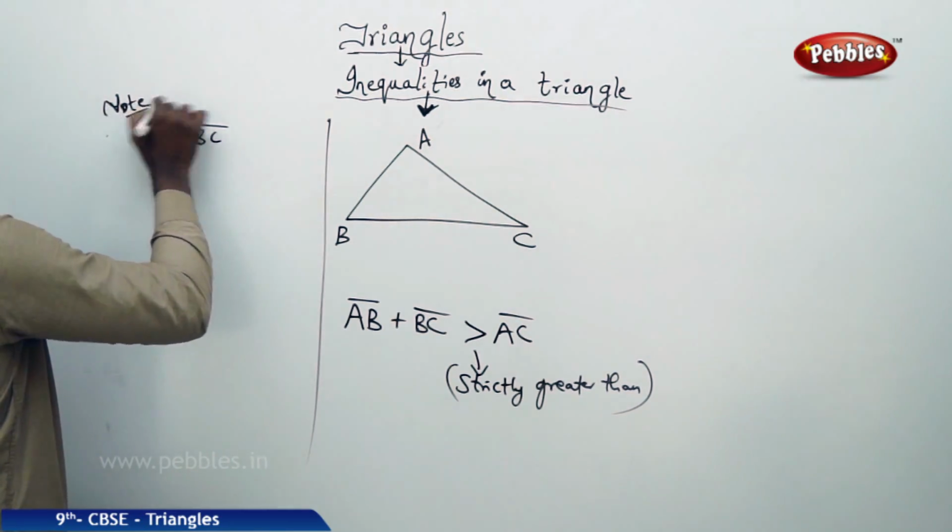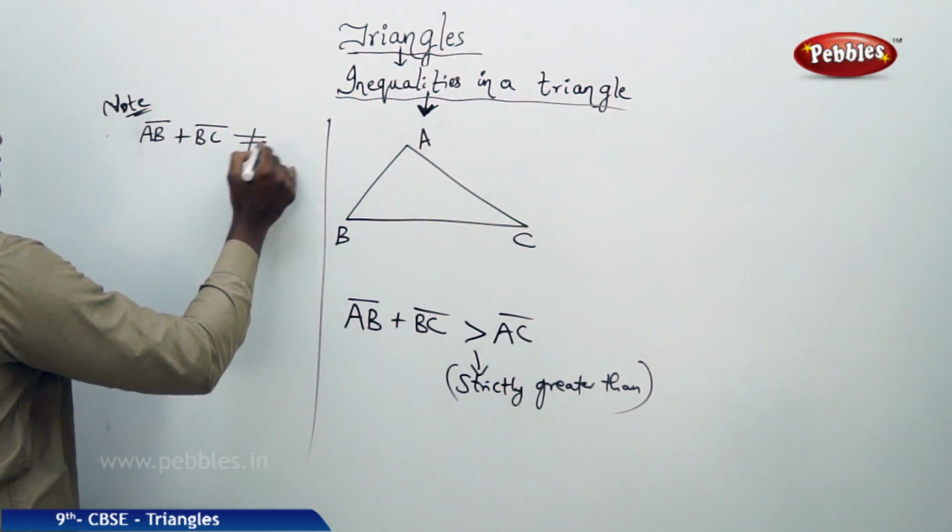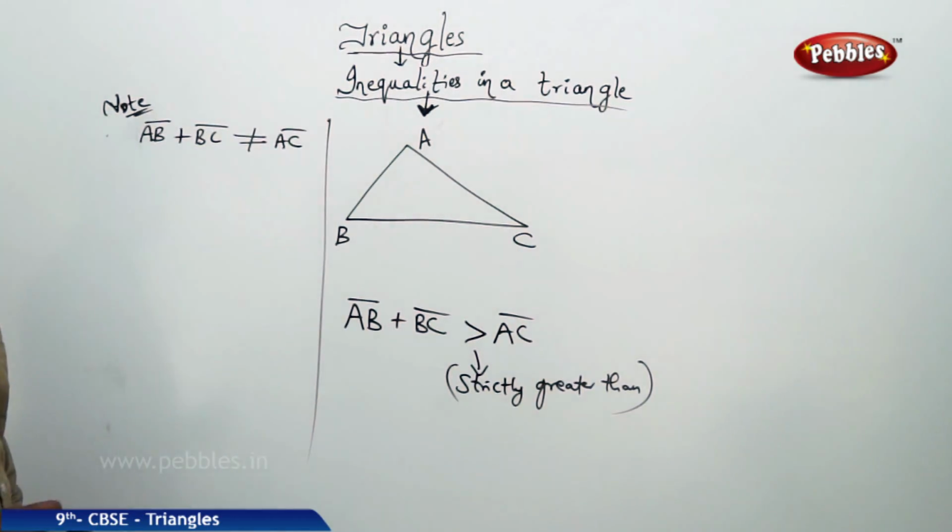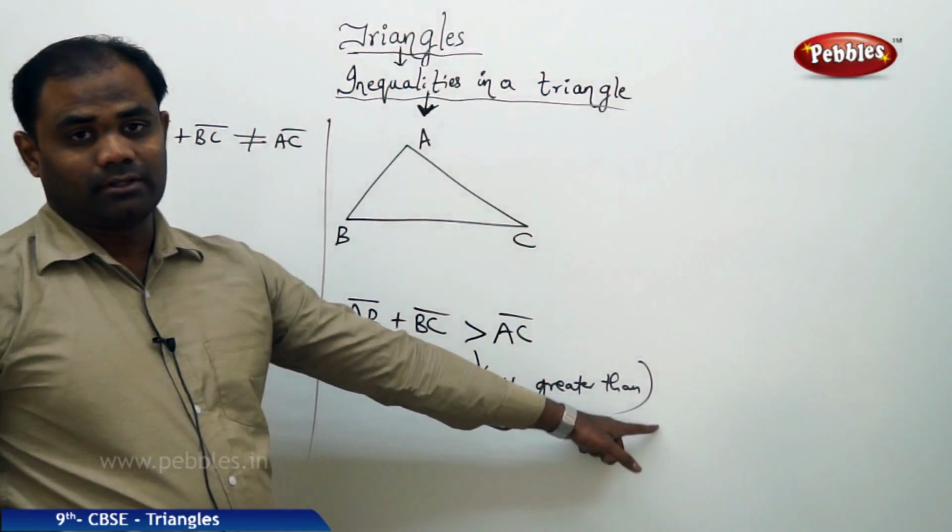It is important to note that AB plus BC can never be equal to AC. It should be strictly greater than.